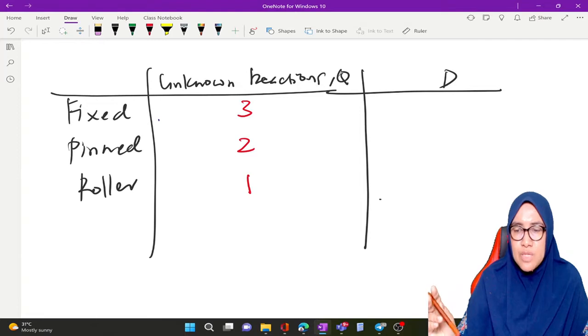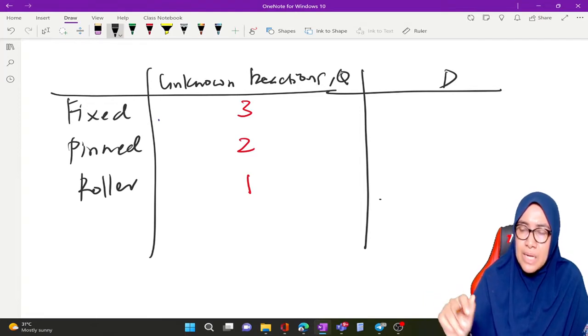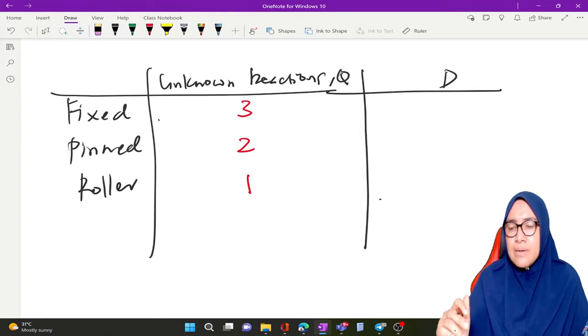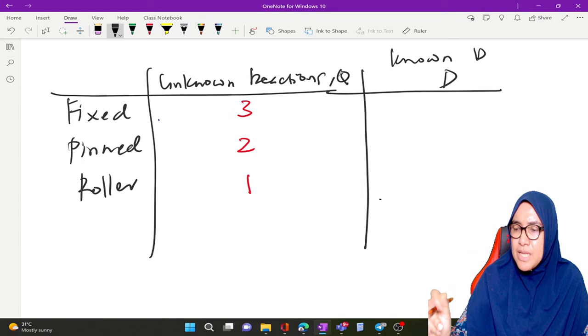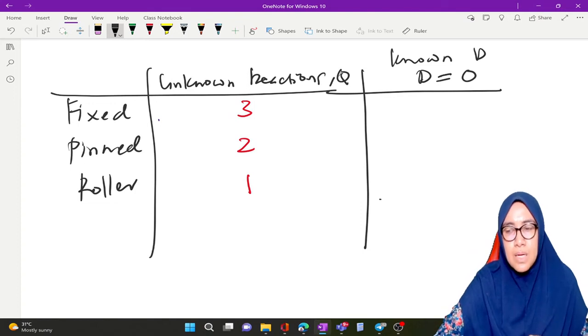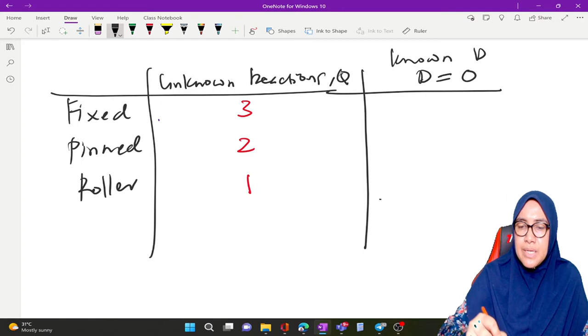Known displacement means D is equal to 0, while the other is non-zero displacement.